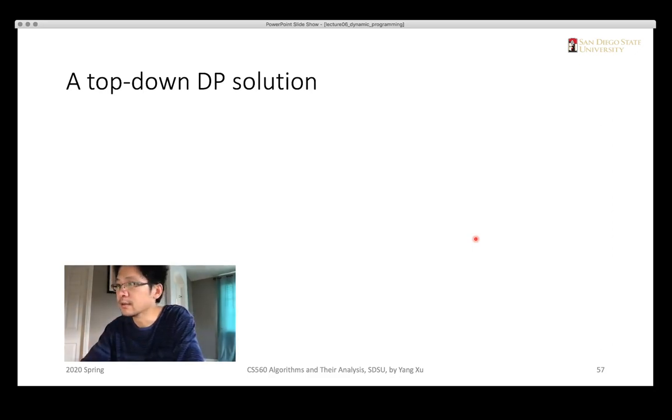Next we're gonna briefly go through the top-down method for this matrix chain problem. For this top-down method, we'll provide the pseudocode for the procedure, but the thought is very similar to the bottom-up method.